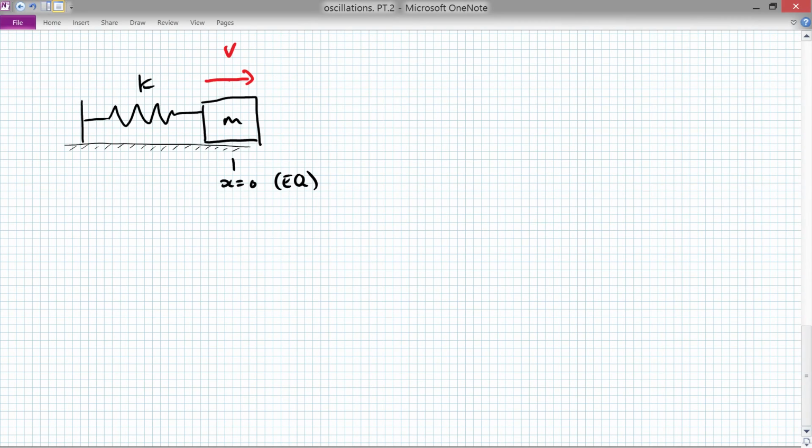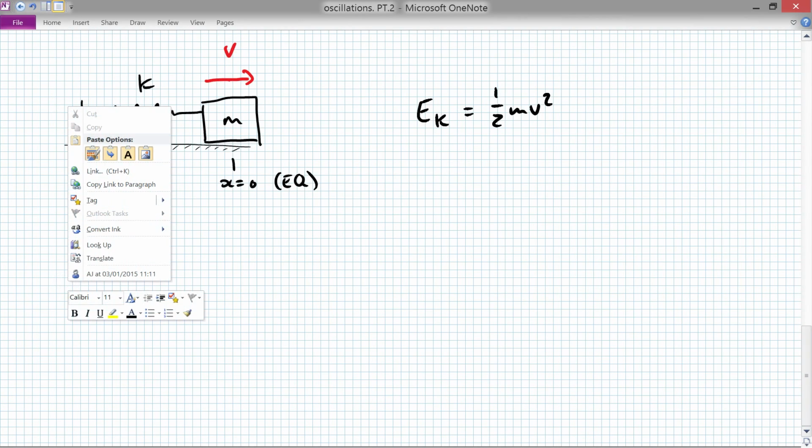But it does have velocity, and that means that at this point I have some kinetic energy, which is half mv squared.